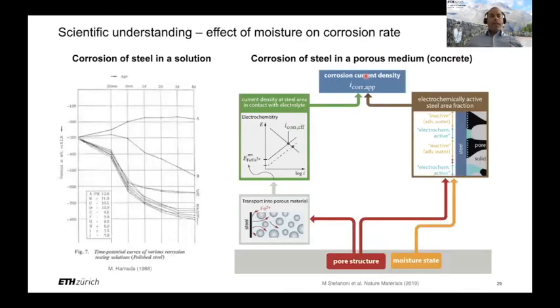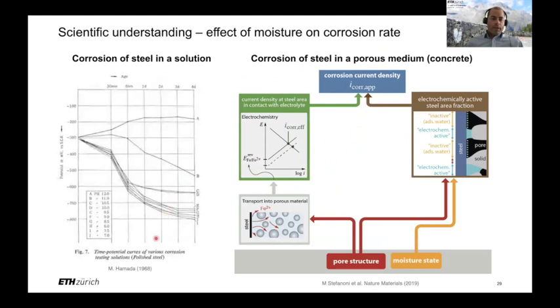Now, to understand scientifically the effect of the moisture state on the corrosion rate, we have to consider an important difference between testing corrosion of steel in an electrolyte, in a bulk solution, and testing that same metal in a porous medium and then changing the moisture condition.